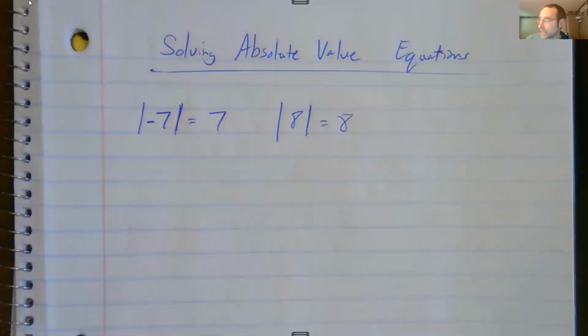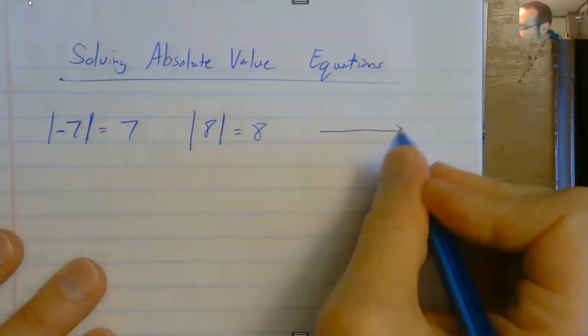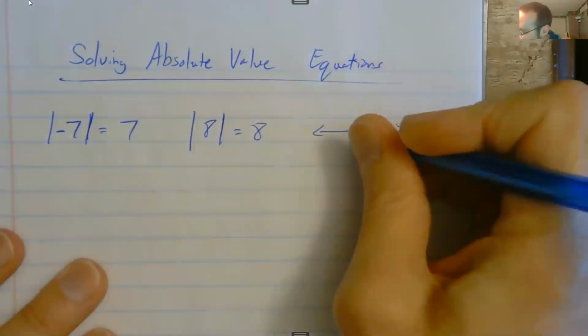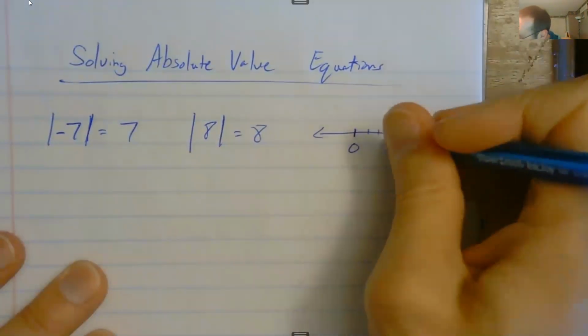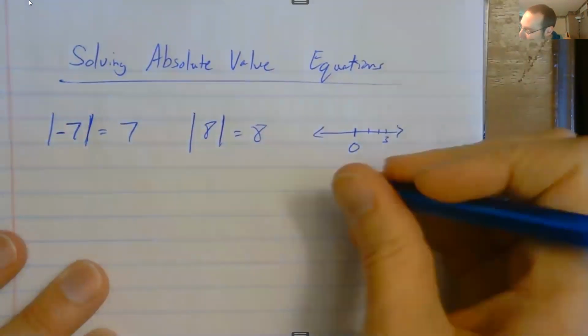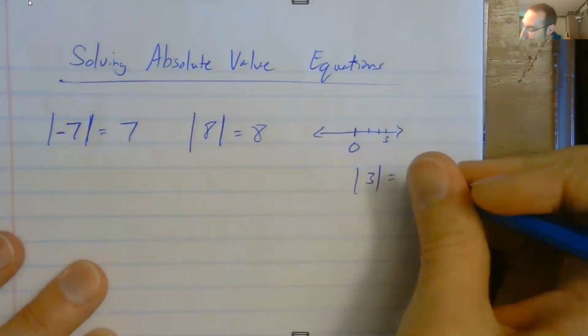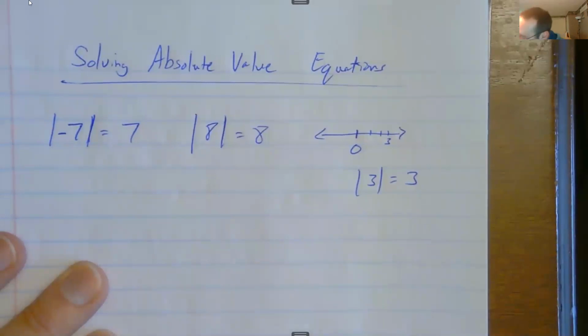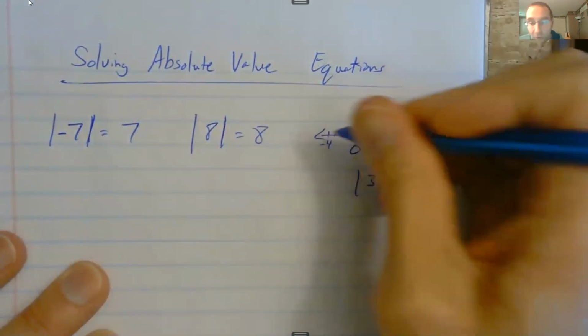One interpretation of that is we think about the absolute value as giving us the distance from 0 on a number line. So here is 1, 2, 3. Here's the number 3, and so the absolute value of 3 is 3 units away from 0. So that's 3. And then if I go 1, 2, 3, 4, here's the point -4.